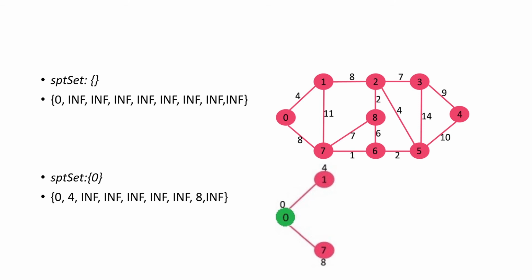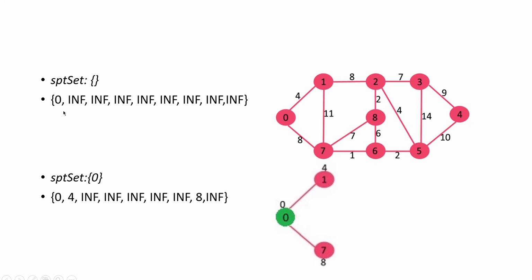So here's an example of Dijkstra's algorithm applied to a graph. Firstly, we initialize the shortest path tree set to empty, and we initialize the distance list of all the vertices to infinity except the starting vertex, which is vertex 0, and we initialize it to distance 0. In the first iteration, we choose a vertex that is not in the set, and it also has the minimum distance in the distance list.